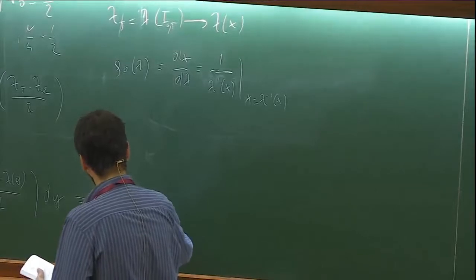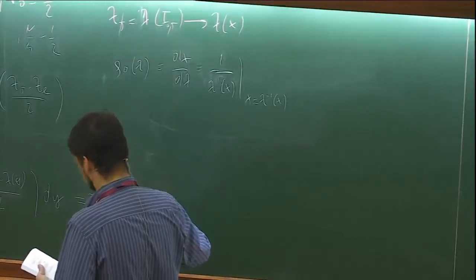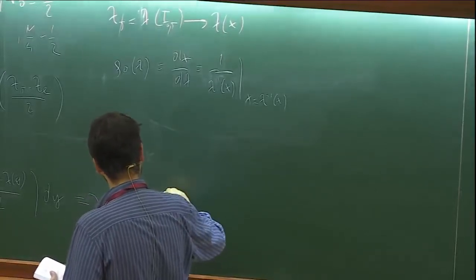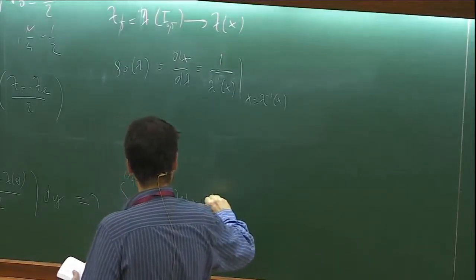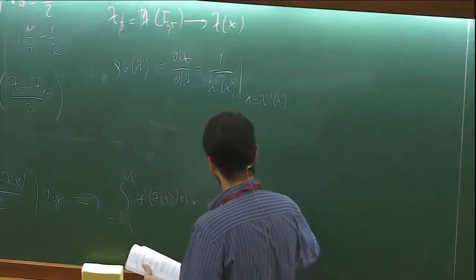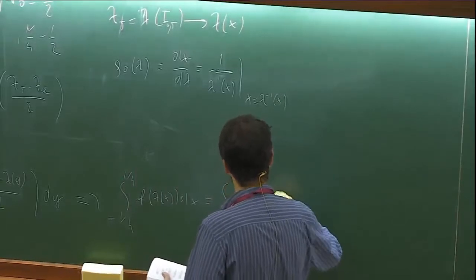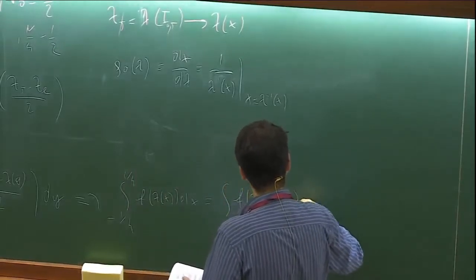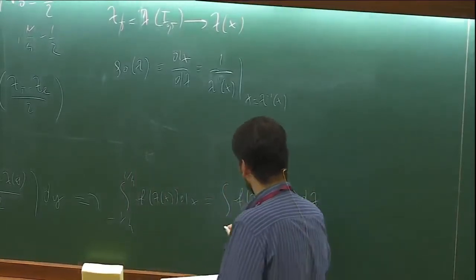The integral from minus a quarter to a quarter of f of lambda of x in dx becomes the integral of f of lambda rho 0 of lambda in d lambda.